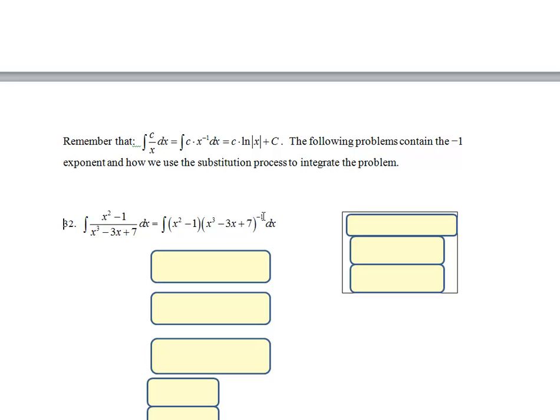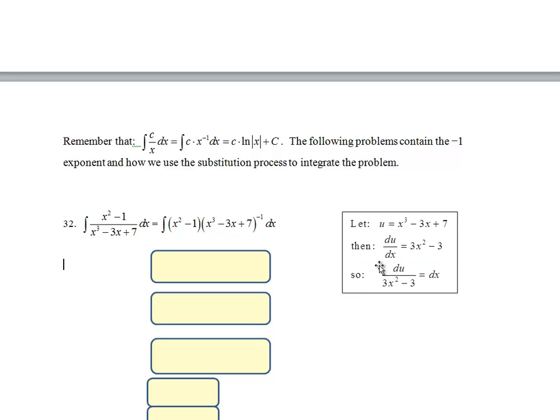So if it's raised to the negative 1, I'm playing the same game I did earlier. So this is u. Go find your du over dx. 3x squared minus 3. Solve for dx. I'm going to have du over 3x squared minus 3 equal dx.